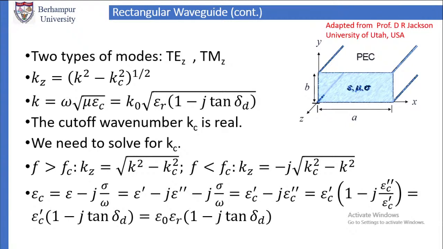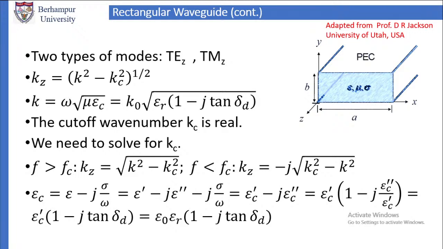If f is less than fc, k square minus kc square is negative. So you can write minus into kc square minus k square, root over of minus is j. Therefore kz is equal to minus j root over of kc square minus k square.